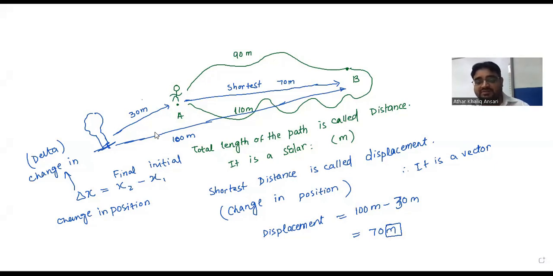So the total distance traveled will be 70 plus 30, that is 100 meters. But when we are talking about displacement, we need to check what the initial position and the final position are. The initial position is the reference point, and the final position is with respect to the reference point.